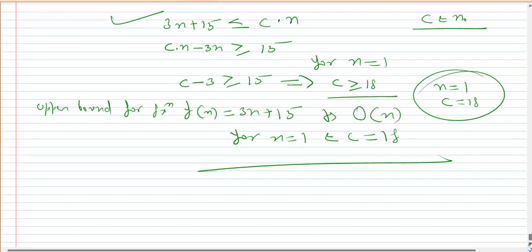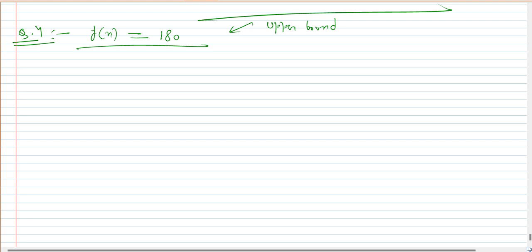Now let's see one more example. Sometimes you may be given such type of problem. We have to find the upper bound for this function fn.